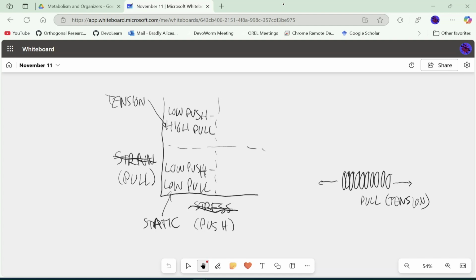Then at the lower right, we have low strain. And we're following the conventions of the axis. And high stress. All right. So in this case, this is what we call being in compression.